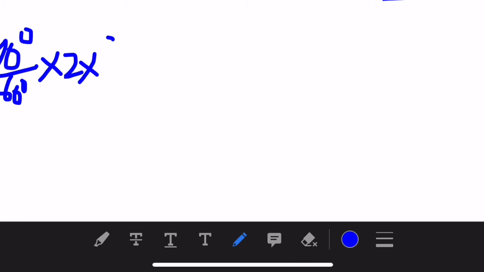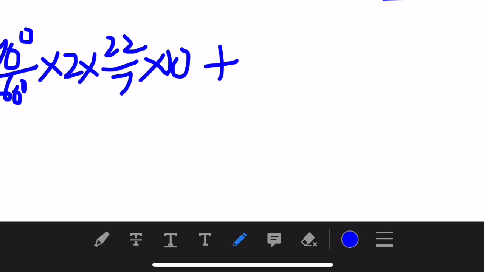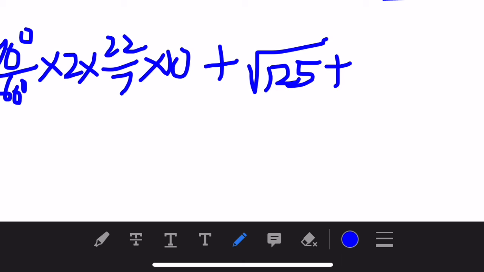Let's write down. The working will be the perimeter for the coil of wire: 90 degree over 360 degree times 2 times pi times the radius, plus square root 125, plus 10, plus 15, right?